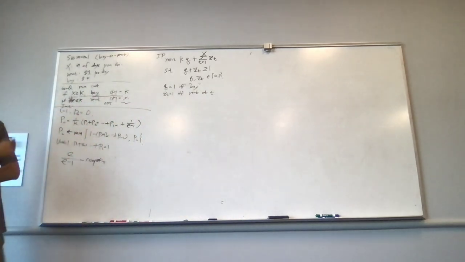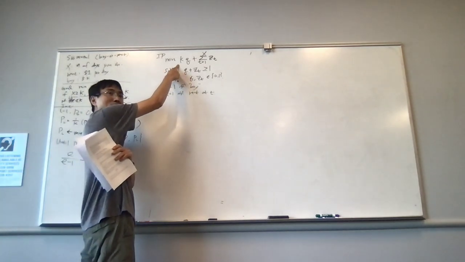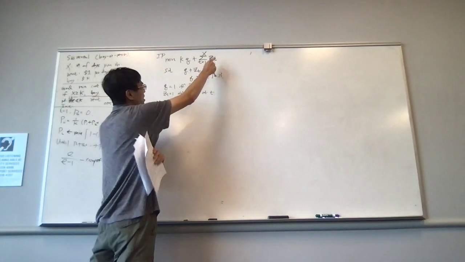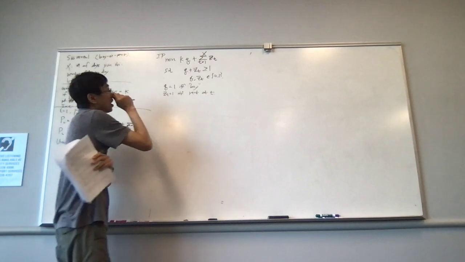Makes sense, right? Then, if we buy, we have to pay cost k. And for every day we rent, on day t, we pay unit cost, so 1 times Z_t.